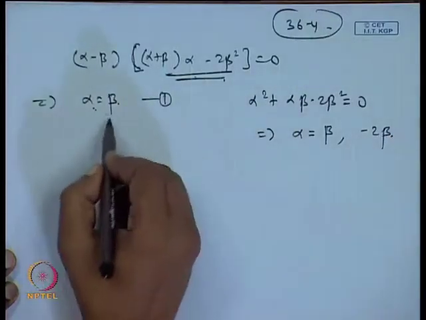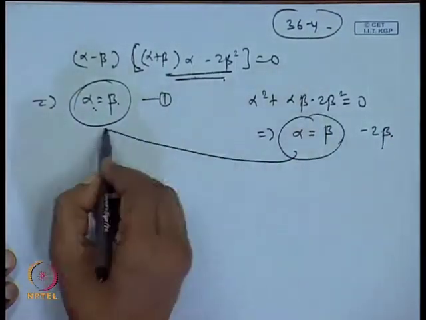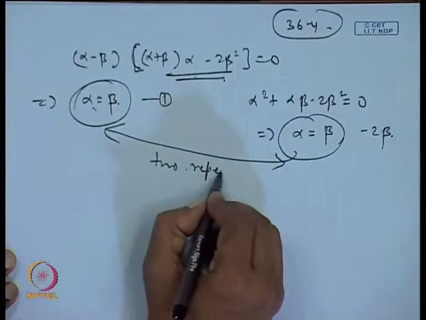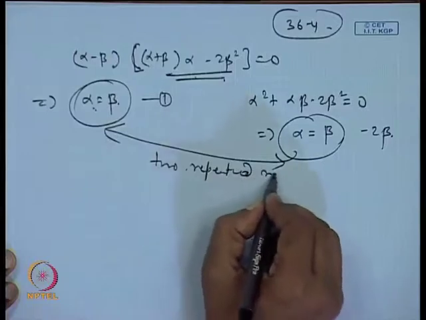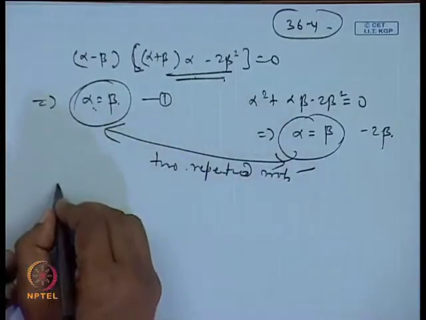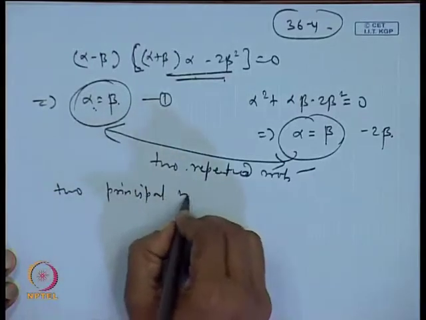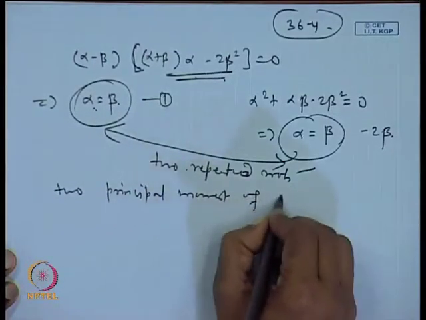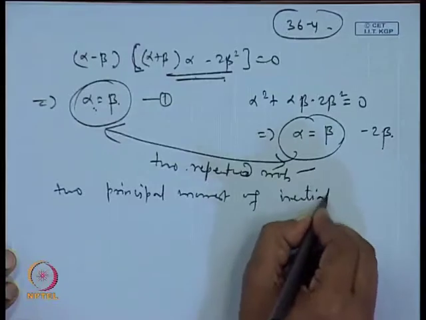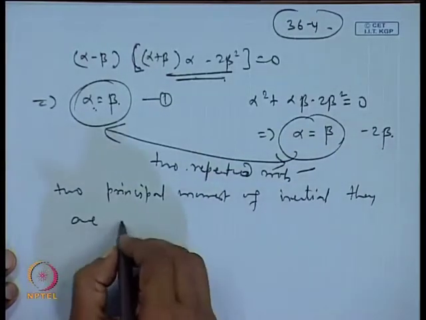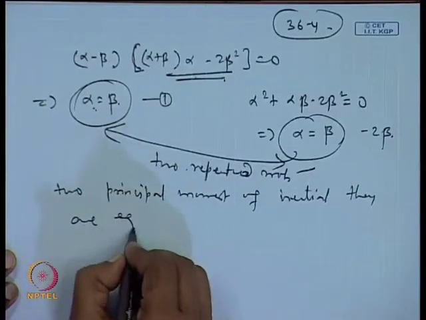So, what we are getting is that there are two repeated roots. So, two principal moments of inertia are basically equal.